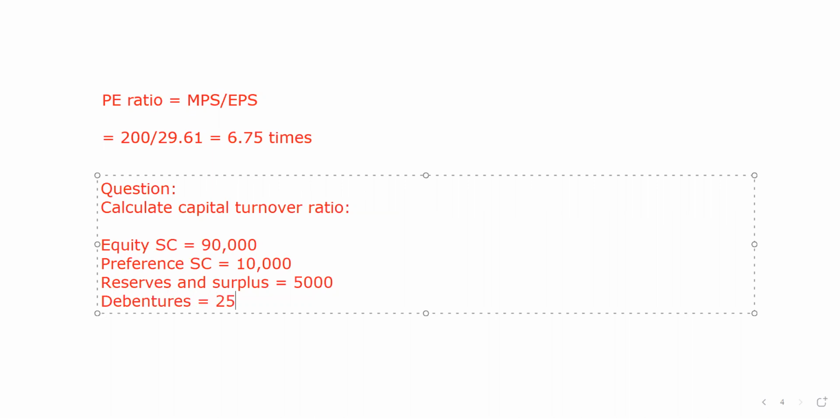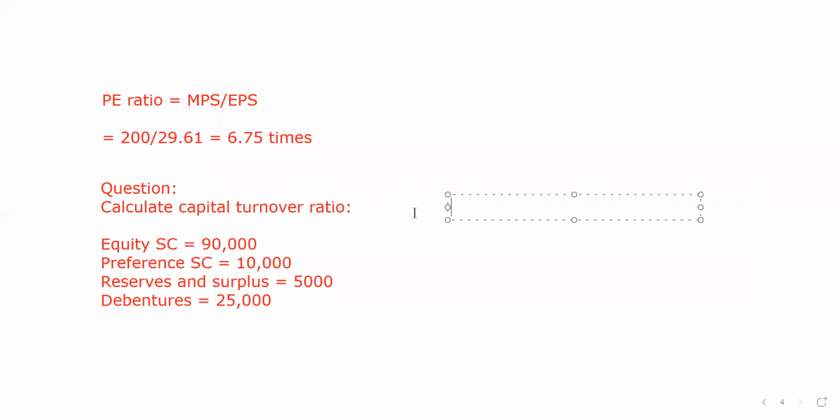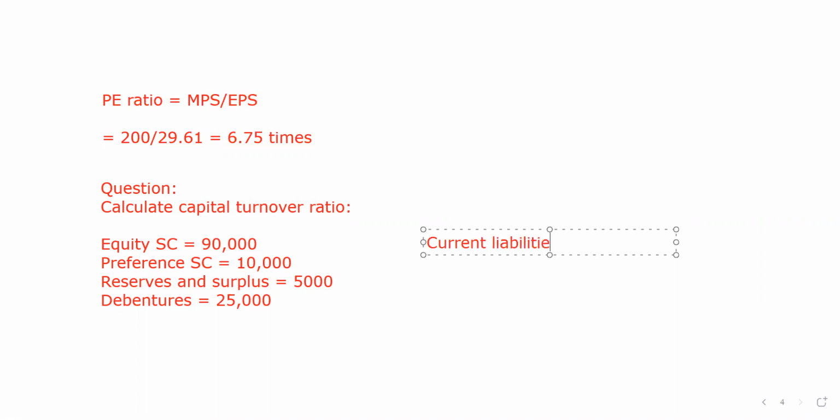Debentures, 25,000. Current liabilities, 20,000.